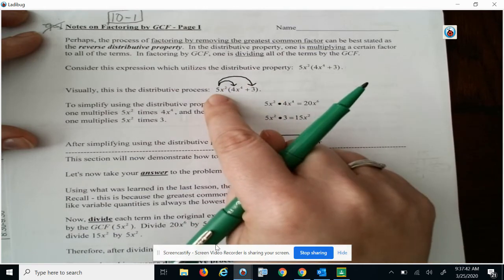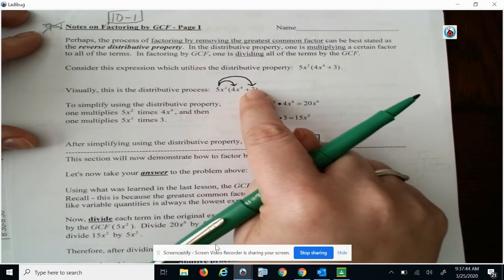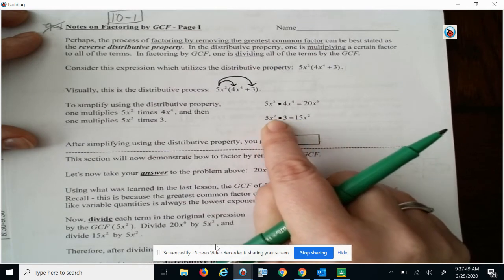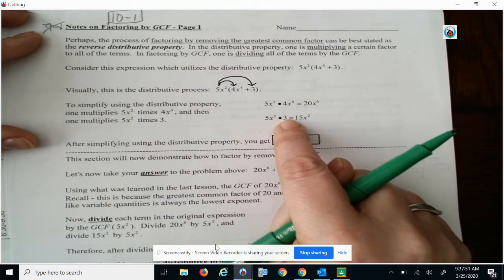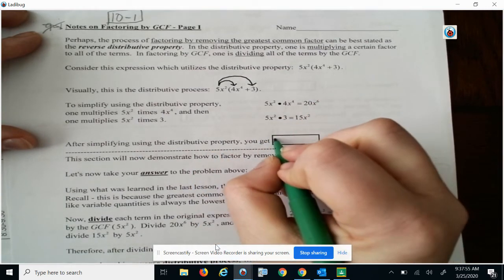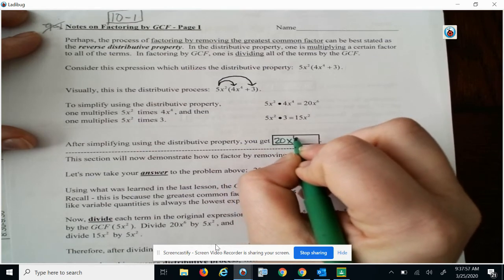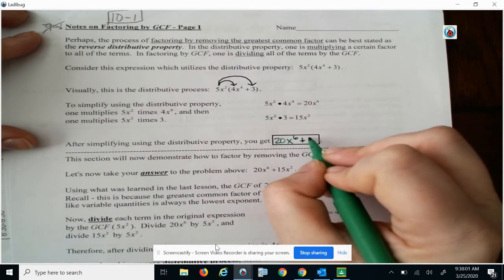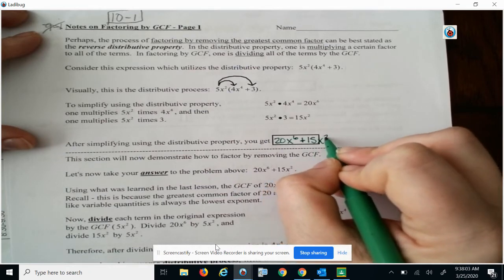Then we distribute that 5x squared to the 3. We multiplied the big numbers to get 15, and then we add the exponents, 2 plus 0, so that's 2. And we get an answer of 20x to the 6th power plus 15x squared.